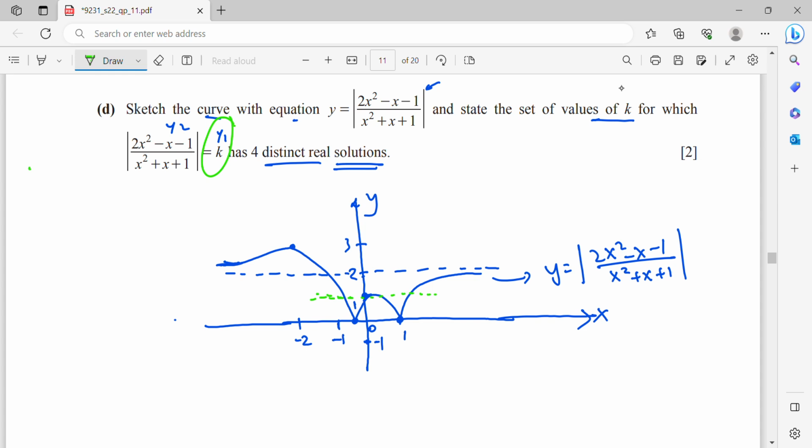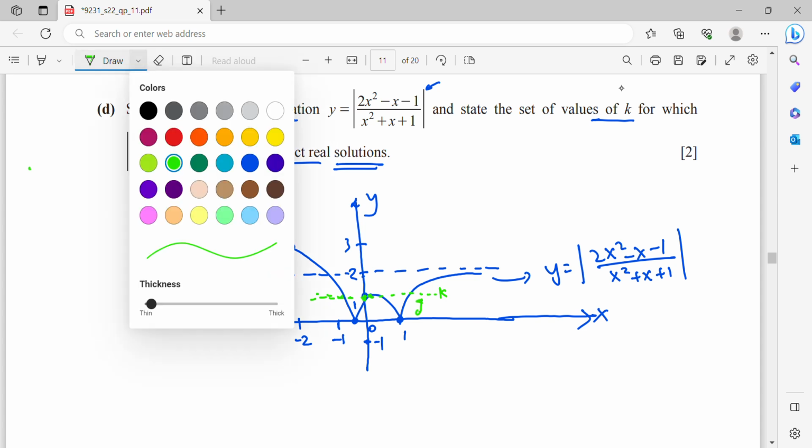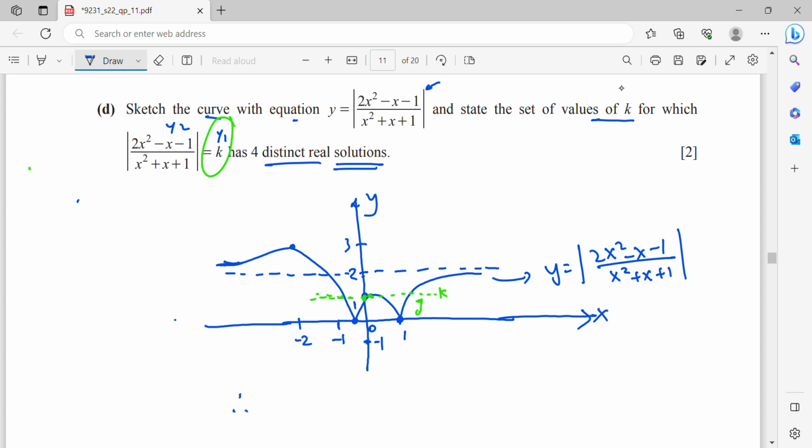If it is here, this k is 1, you will have only 3 roots, because at this point you will get an equal root. Therefore, your k value will be between 0 and 1. Other than that, there will be fewer than 4 distinct roots. So my k is going to be 0 to 1.